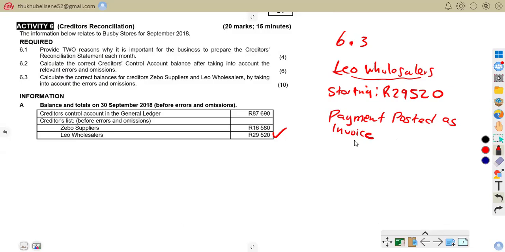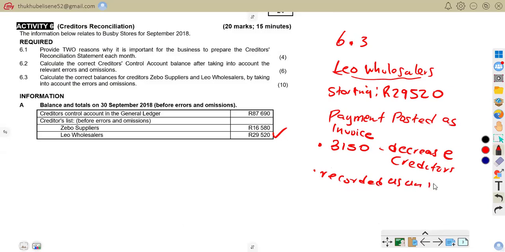So the payment of 3,150 should decrease creditors, but it was recorded as an invoice. It means it increases what? Creditors. What was done is like this. The payment of 3,150 should decrease creditors by right. But it was recorded as an invoice.